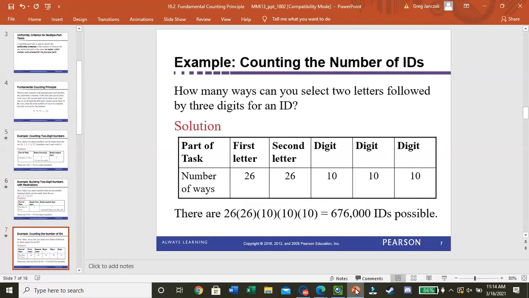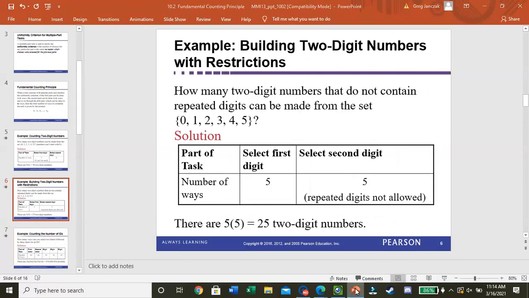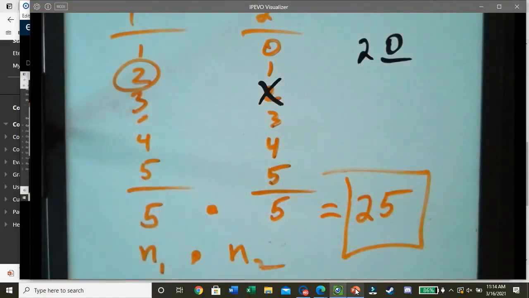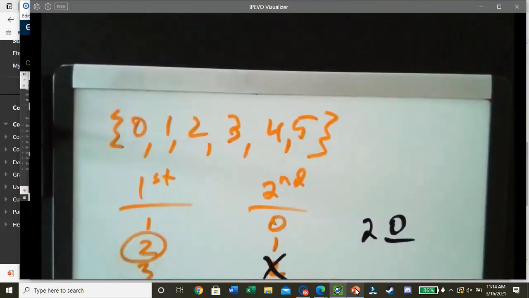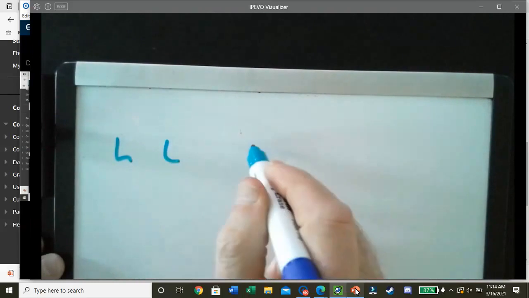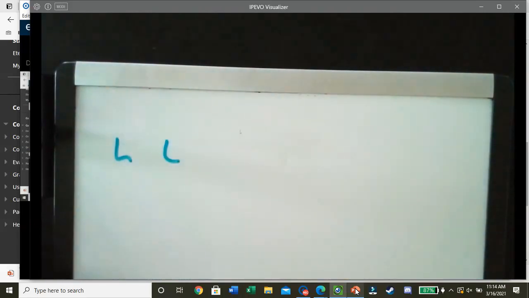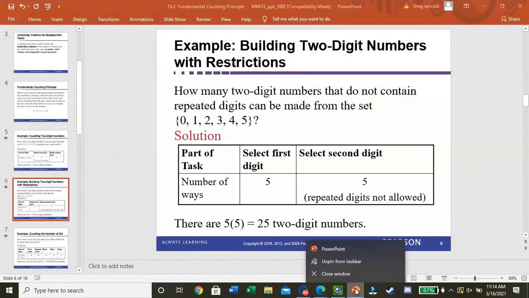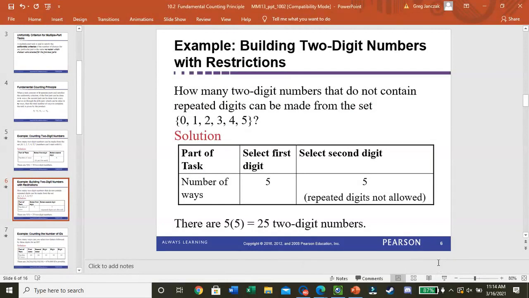Okay. How many ways can you select 2 letters followed by 3 digits for an ID card? So you got 2 letters, right? So we've got letter, and then I believe it was 4 digits.